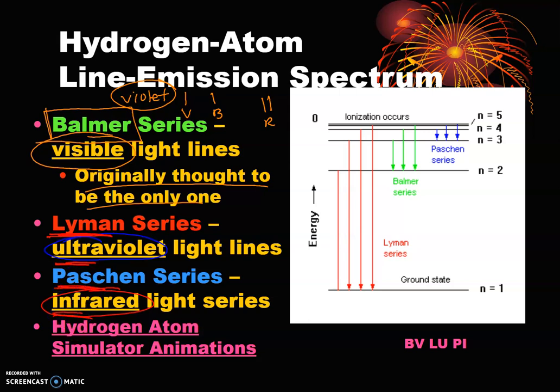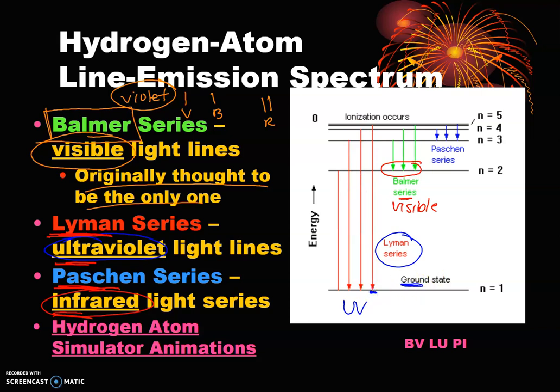And what they found is that the Balmer series, which is going to be your visible light, is basically when the electrons jump from the fifth and the fourth and the third energy levels back to the second energy level, whereas the Lyman series, which is going to be your ultraviolet light, is when they fall back down to the ground state.